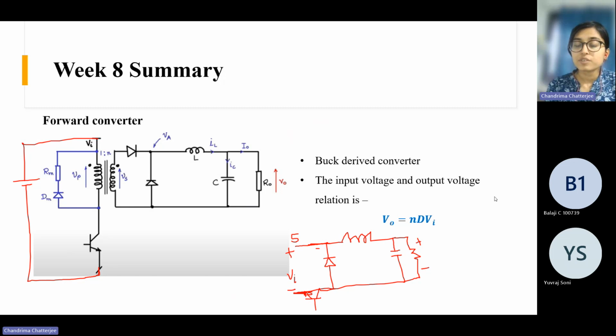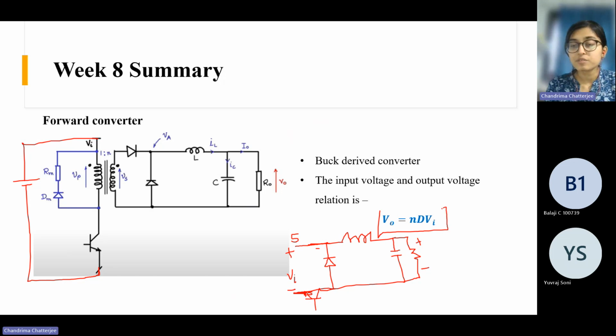If you apply volt second balance for this inductor, because I told you that volt second balance and amp second balance are always applicable to whatever converter you are using, you will get an input output relationship like this.